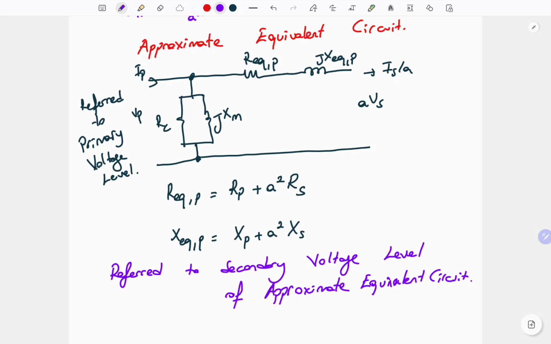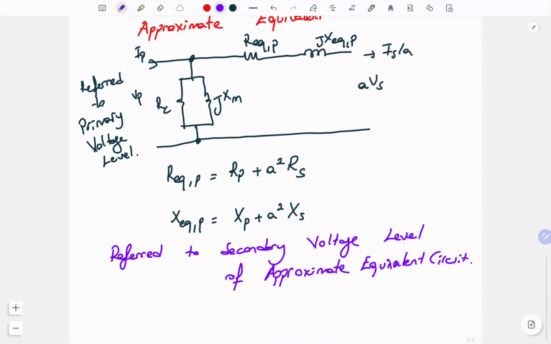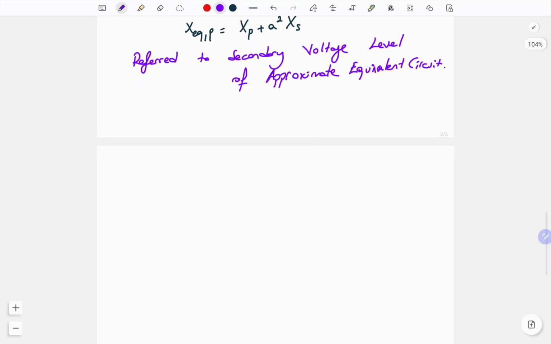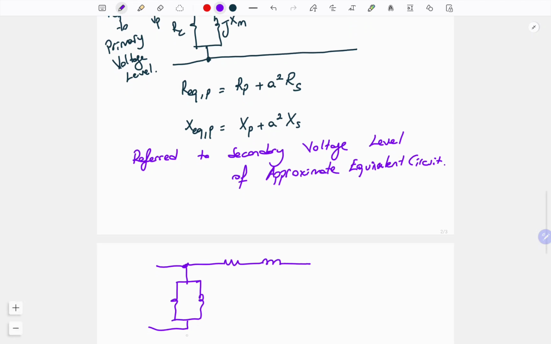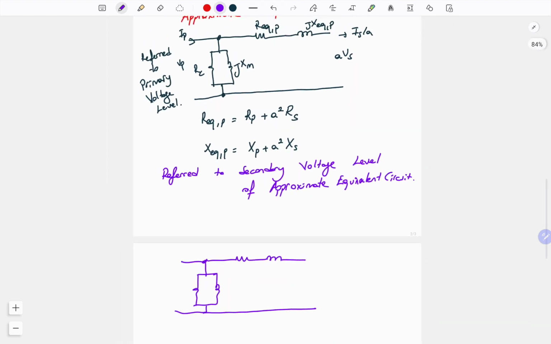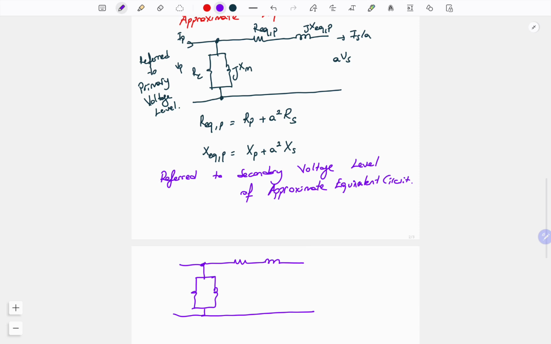Actually, the circuit is exactly the same. What does it mean? Again, we have one resistance and one reactance for the excitation part, then the resistance and reactance. So in terms of circuit diagram, they are exactly the same, but our parameters will change. Why? Because now we are working on the secondary voltage level.